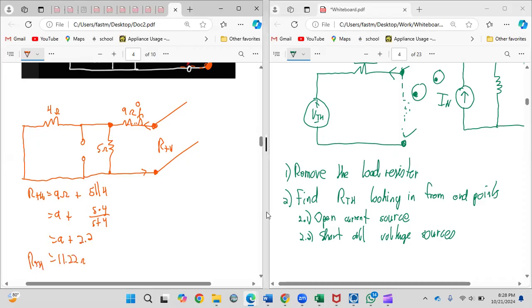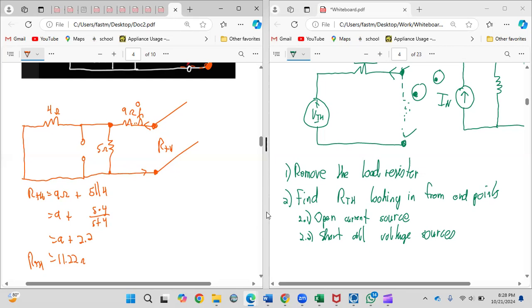So it's the same steps. No matter what type of circuit you're given, the first thing you do is remove the load resistor. Then you find R Thevenin, looking in from that point. To do that, you open circuit all the independent current sources and short circuit all the independent voltage sources.